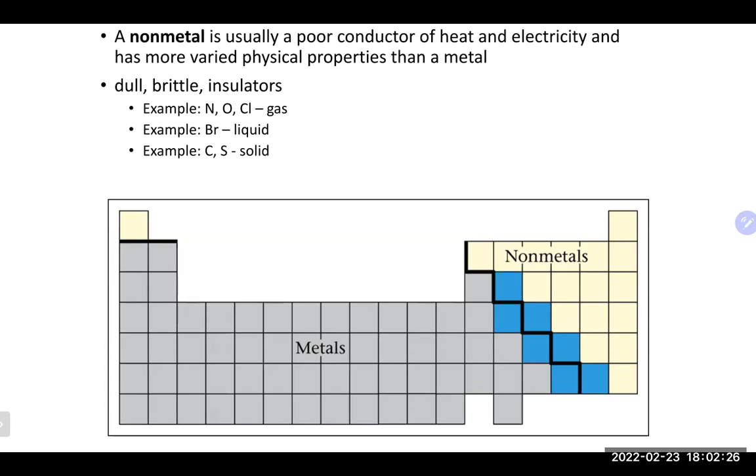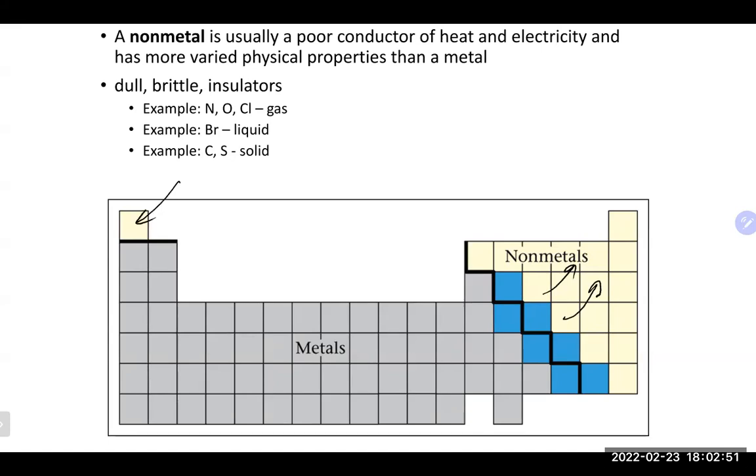Things like bromine, which is Br2, is kind of a liquid with a little bit of vapor that usually comes along for the ride with it, a little bit of gas. And things like carbon and sulfur are solids. So a much wider variety of states we do see with our nonmetals, which again, for the most part, are up and to the right of that staircase, also our hydrogen that's over here.